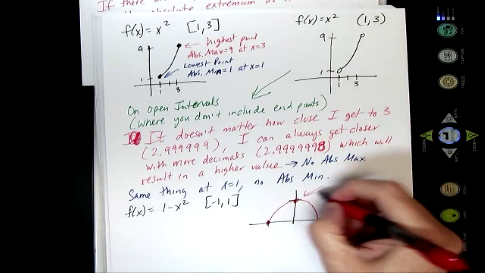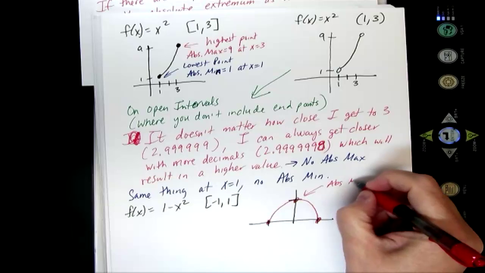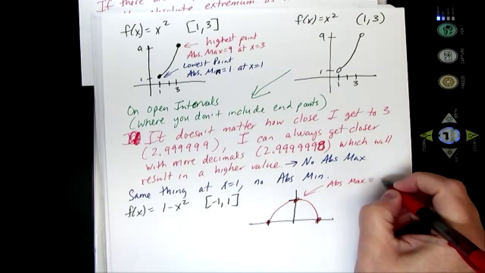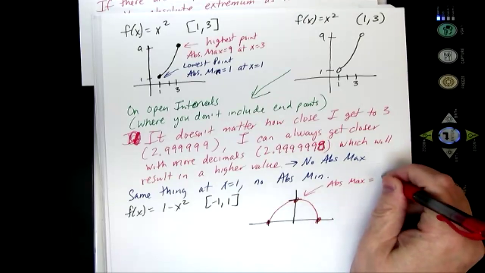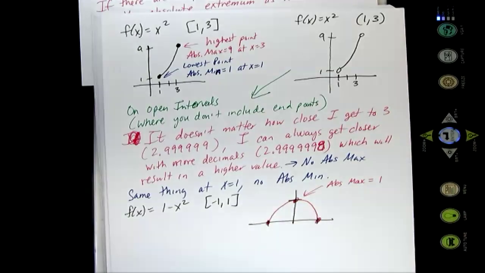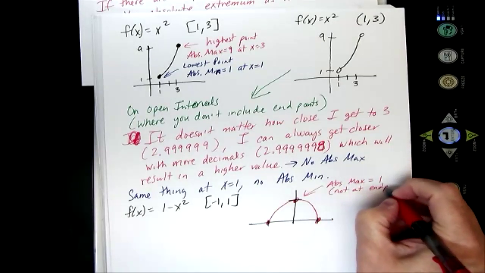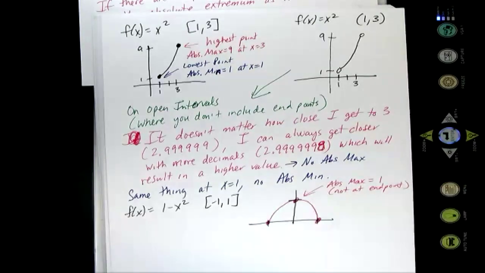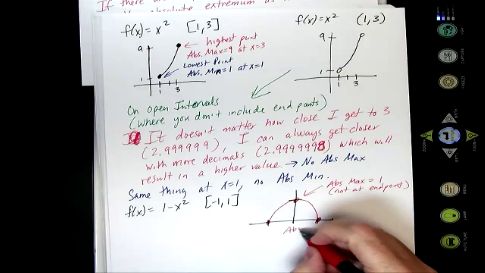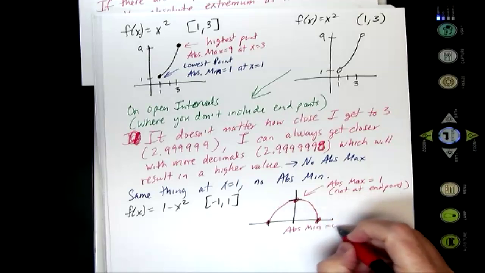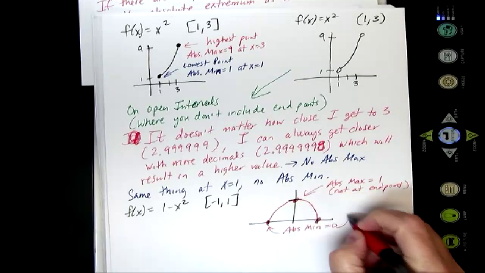Absolute max is there. You would find that at the derivative. Absolute max equals 1, which is not at an endpoint. And the absolute min is 0, and it occurs in 2 spots.